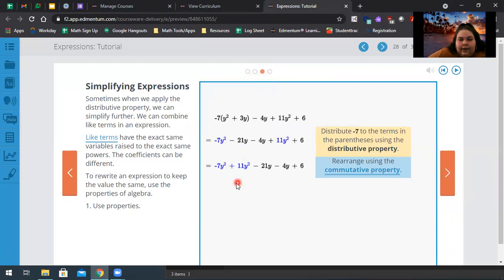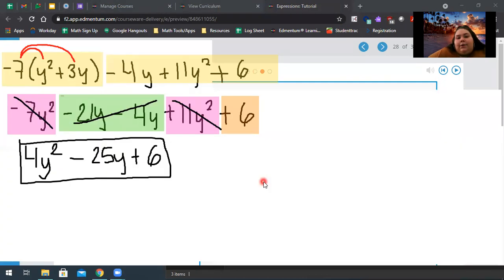Again, they distributed and they actually rearranged it. I know I didn't rearrange it, but I did color code it to help me organize it. Edmentum would rewrite this, so it's like an extra step that would go in between here. To me, it's optional, especially if you are able to color code.